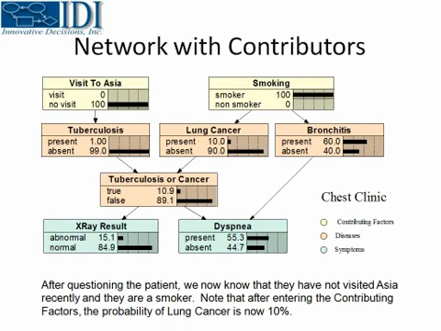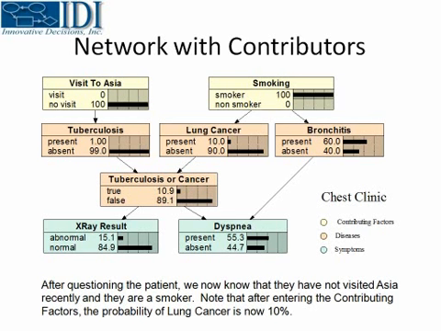If you go to the doctor's office, typically you check in and they give you some type of questionnaire to fill out. So in this particular case, they had 2 questions on the questionnaire. One was, have you been to Asia in the last 6 months? And the other one was, do you smoke? And so now you can use the information from that questionnaire, and I input actual values into the top nodes.